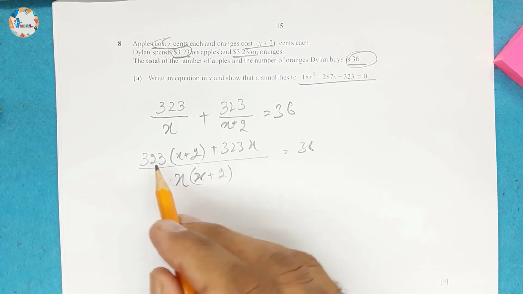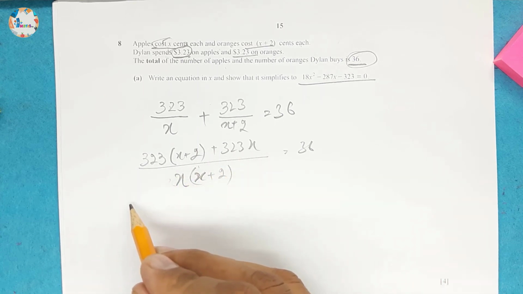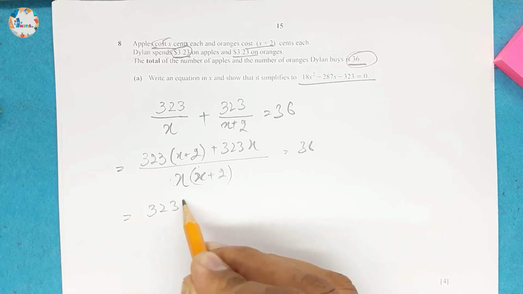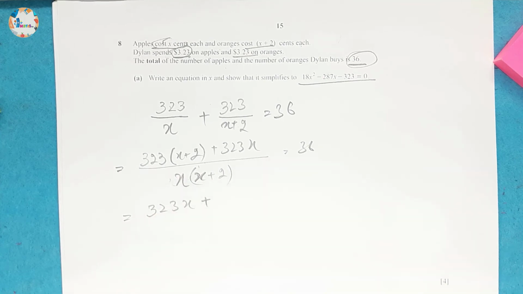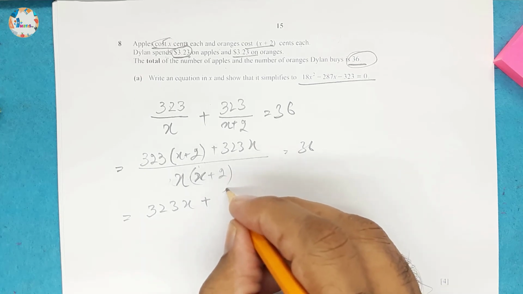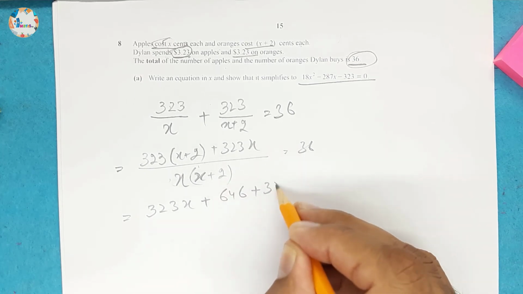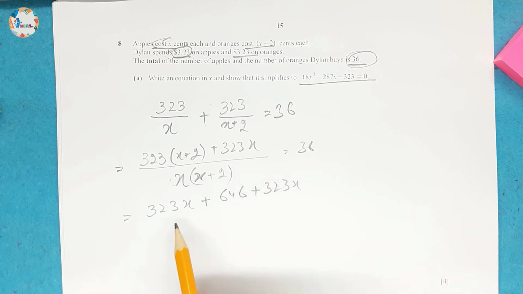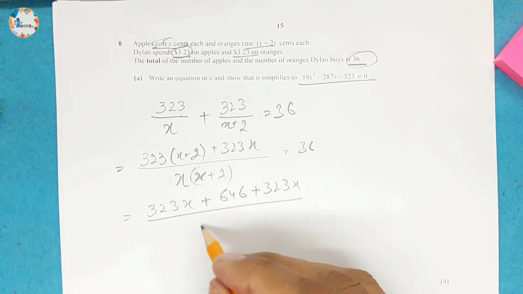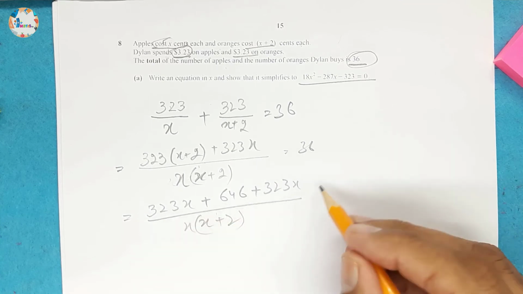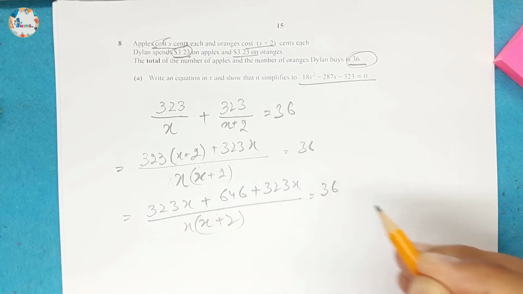Next, what we can do, we can expand this. So this will be equal to 323x plus 323 into 2 will be 646, and plus 323x, divided by x into x plus 2 is equal to 36.